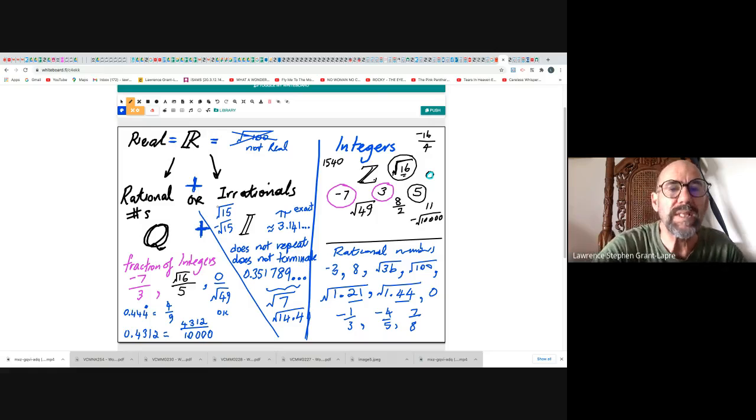All right, I hope this little segment has helped you know a little bit more about which numbers are rational and which numbers are irrational. Remember this, decimals which do not repeat and do not terminate are irrational. But if they do repeat and if they do terminate, they are rational. Okay, until I talk to you again, stay happy.